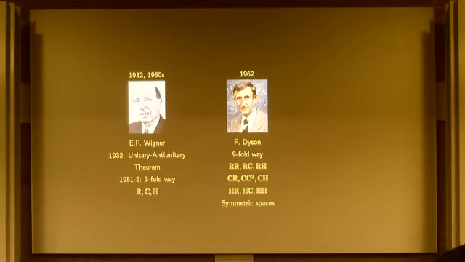And then he came back in the 1950s to use this for symmetry groups. If you've got a symmetry group acting in a Hilbert space by unitary or anti-unitary transformations, then because you've got anti-unitarity, you've got to allow for a real structure on the Hilbert space.